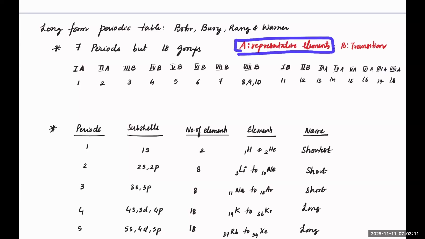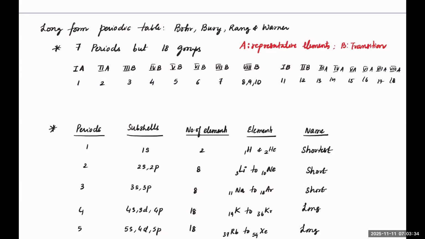So A are called representative elements, B are transition elements. Clear? So you can see 1A to 8A. These are the total number of groups we have. So we have 1, 2, 3, 4, 5, 6, 7.